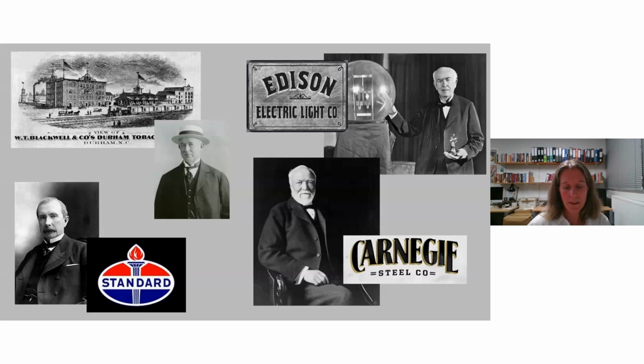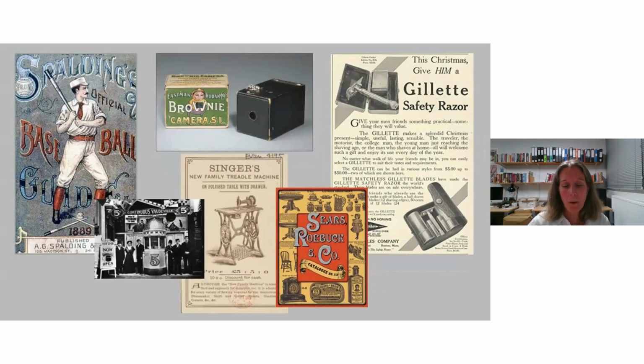And the nature of the economy changed. Department stores flourished. Consumer goods like vacuum cleaners, electric sewing machines, the Kodak camera, record players, disposable razors, or razors with disposable blades, Gillette there, that you can see on the slide.